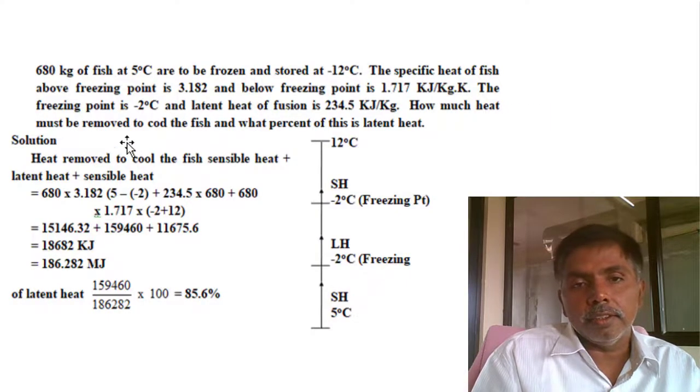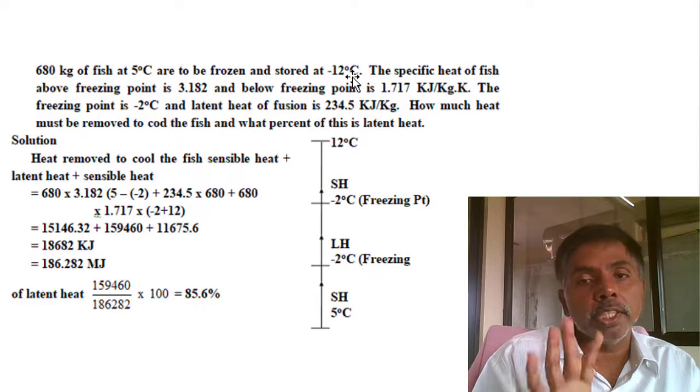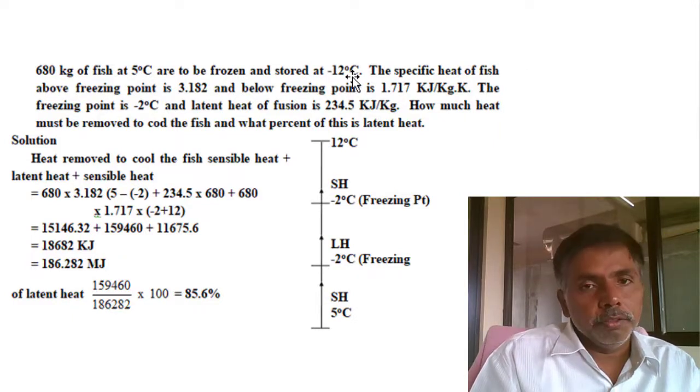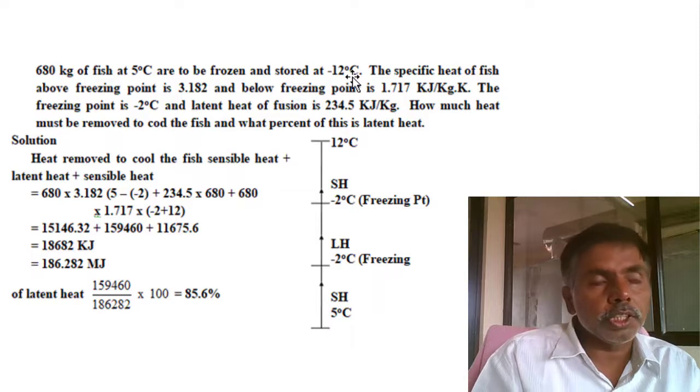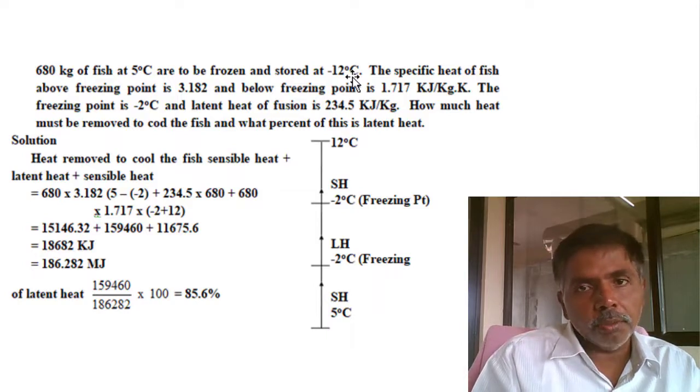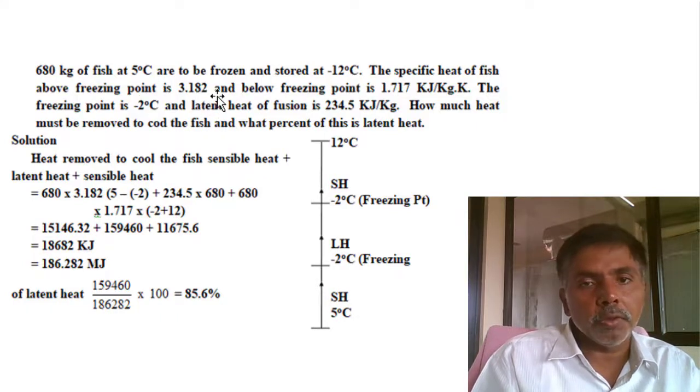Next, simple problems. 680 kg of fish at 5 degrees are to be frozen and stored at minus 12 degrees. The specific heat of the fish above the freezing point is 3.182, and below the freezing point is 1.717 kilojoules per kg.